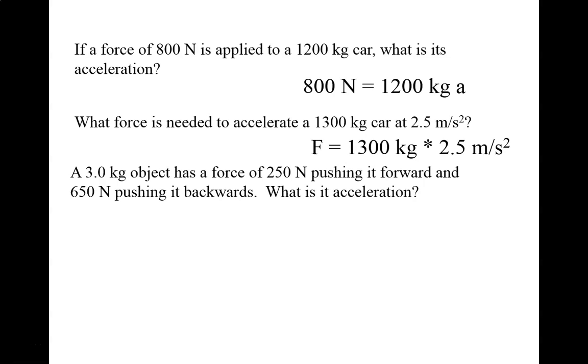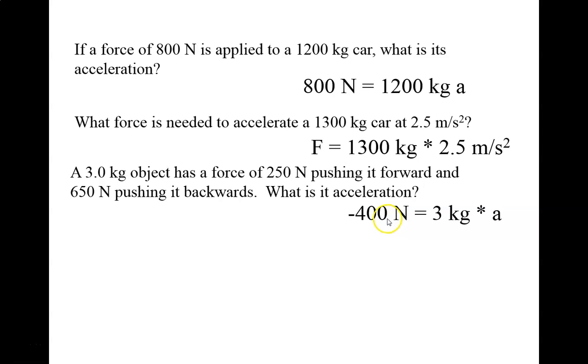Well, one is pushing the object forward and the other one's pushing it backwards, so those are going to partially cancel. And we're going to subtract them. Wait a second, we should end up with 650 minus 200, that's 450, shouldn't we? There we go, having corrected that minor clerical error.